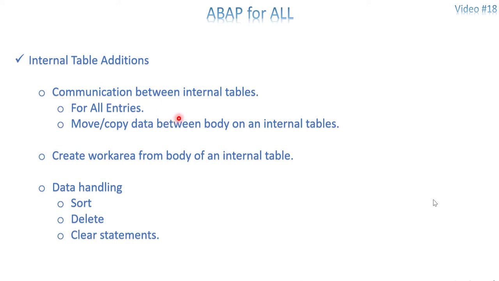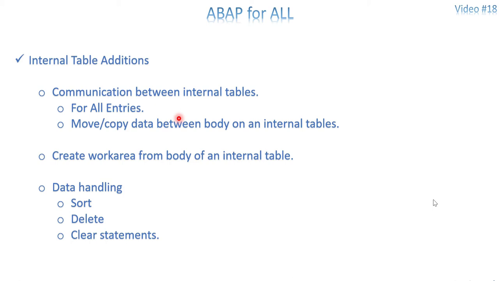FOR ALL ENTRIES is nothing but, normally we take data from a database table depending on the user input from the input screen, or directly based on the business requirement. So now we are going to take the data from the database table depending on the internal table content. Okay, so I have one internal table, and based on that record I need to get the data from my database table.